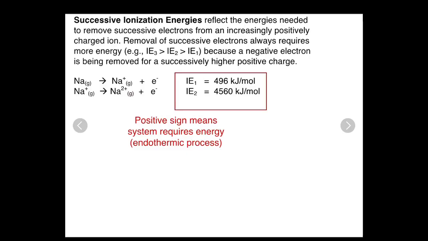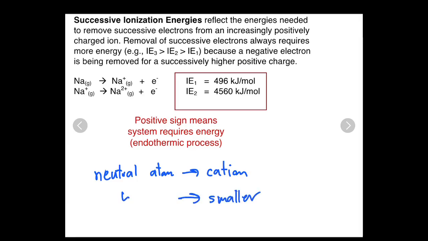It makes sense because as you produce the ions, especially the cation, you are going to observe the atomic size decrease. We talked about the trend in the ions before: from neutral atom to cation, the size gets smaller. The reason for that is because when you are making a cation, you are minimizing the electron repulsion, and you are going to increase the strength between the nucleus and the electron.